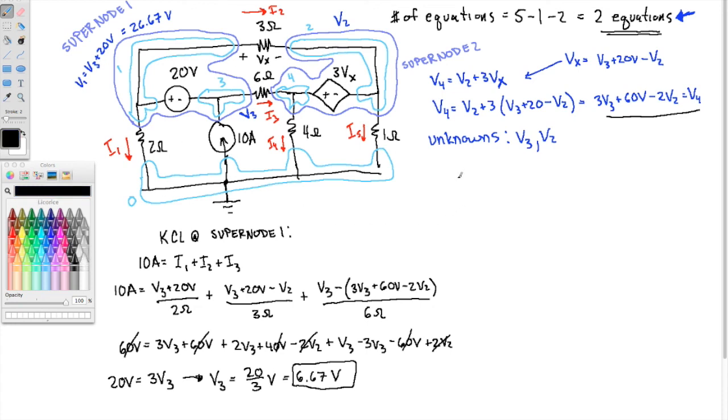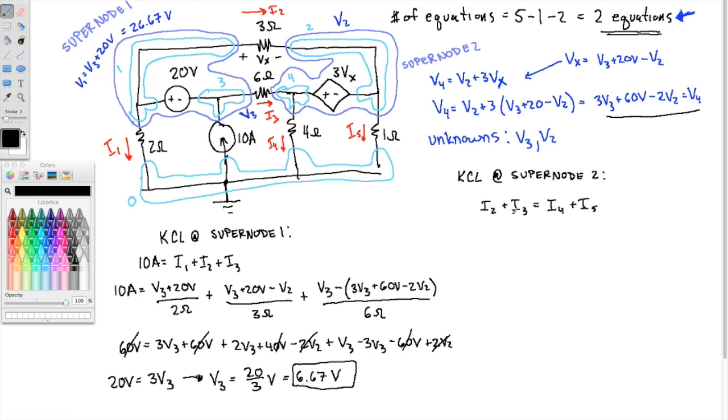Well, let's do KCL there. KCL at supernode 2. Alright, what do I have coming in to that purple blob? I've got I2. I've got I3. What do I have leaving? I've got I4 and I5.